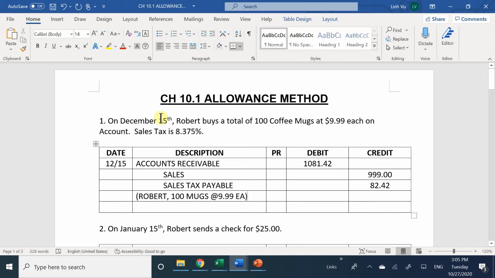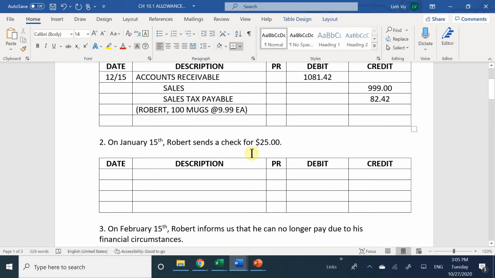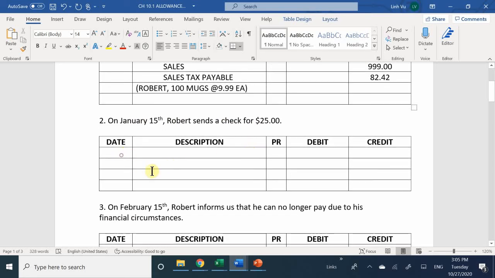Good. So then on January 15, Robert sends a check for $25.